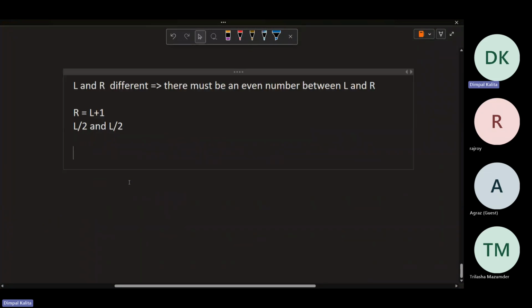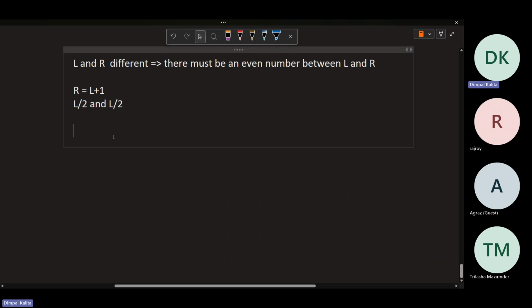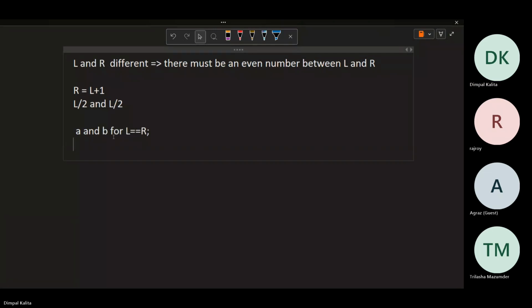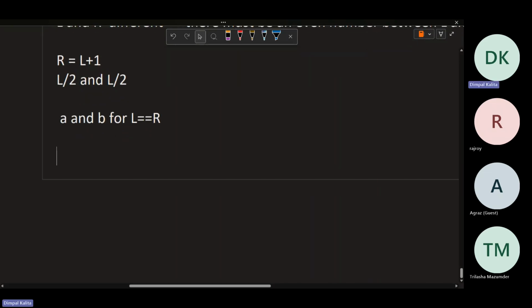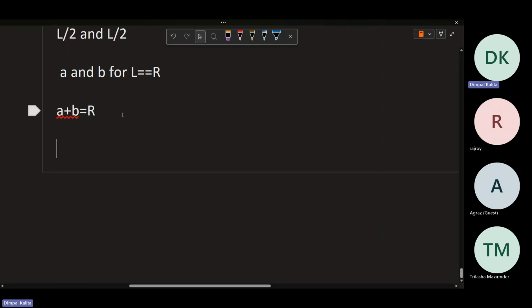Now the question boils down to this: I have to just find A and B for L equal to R. So the question boils down to L plus A plus B equal to R. I'm considering R because L and R are the same.